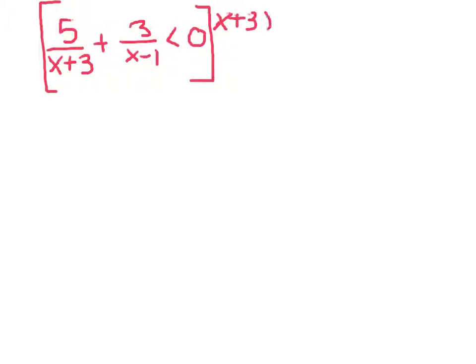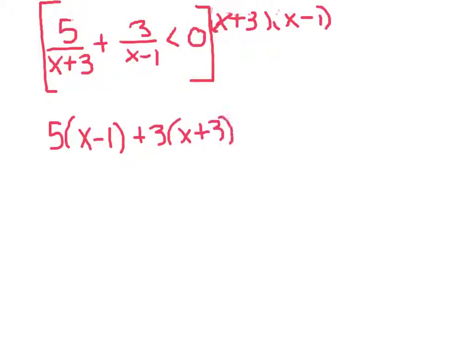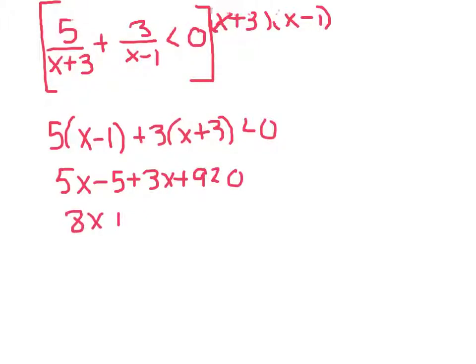If you solve this problem like you did on last night's homework with the rational equations, you multiply by the common denominator, you get 5 times x minus 1 because the x plus 3's cancel, and you get 3 times x plus 3 because the x minus 1's cancel, and then you distribute and combine like terms. 5x minus 5 plus 3x plus 9 is less than 0, and so 8x plus 4 is less than 0, and so 8x is less than negative 4, and x is less than negative 1/2.